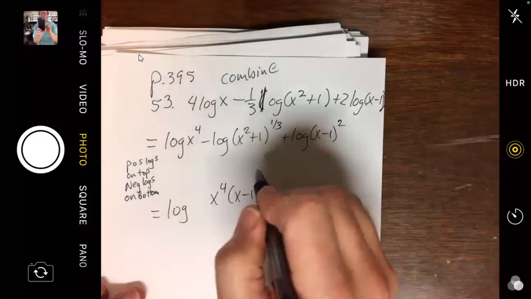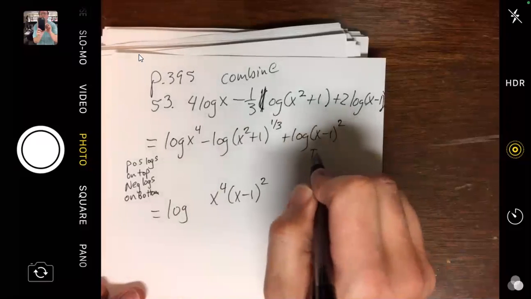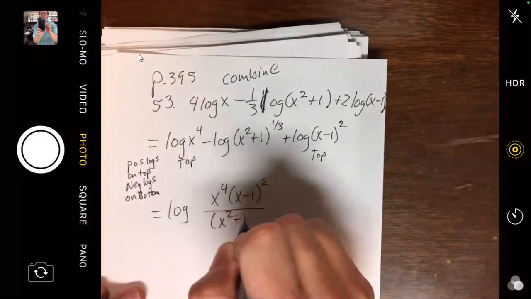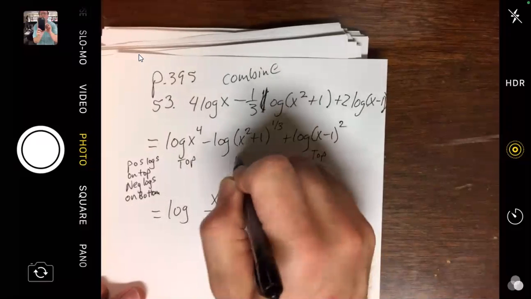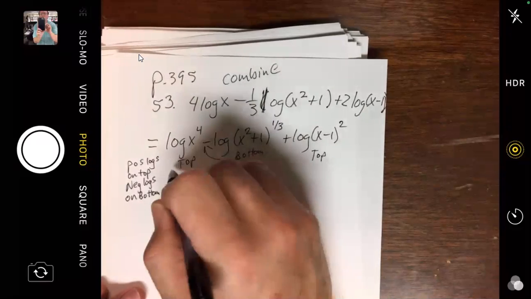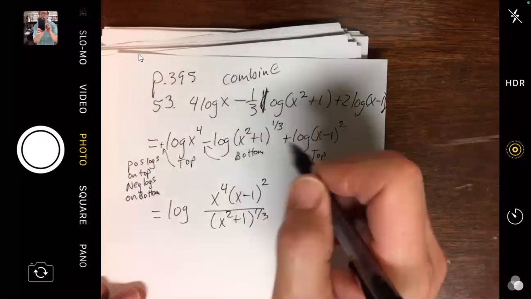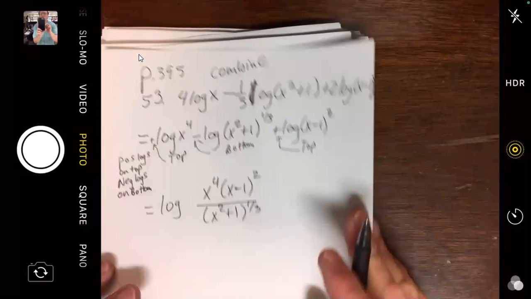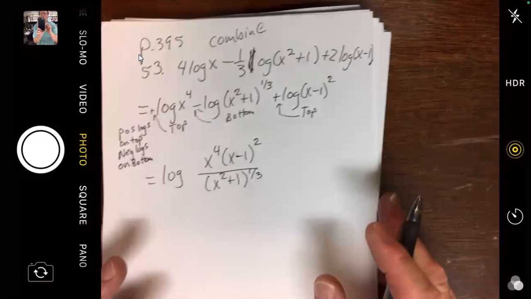They're both positive, so they're on top. And your x squared plus 1 raised to a 1/3 power, that's going to be on bottom because it's negative. That's really the only system you have to learn.